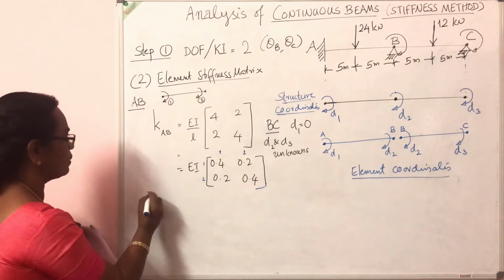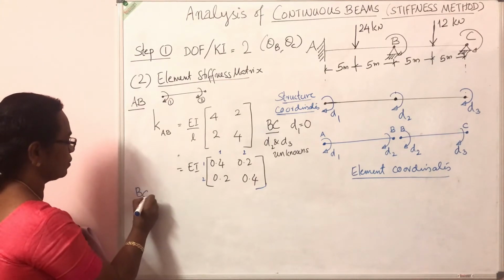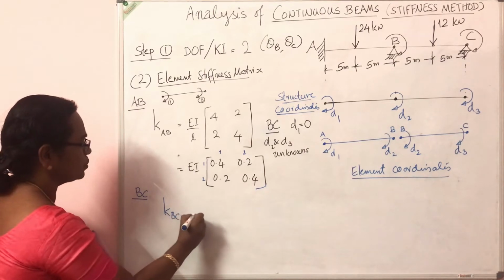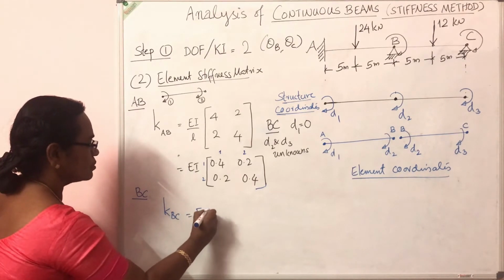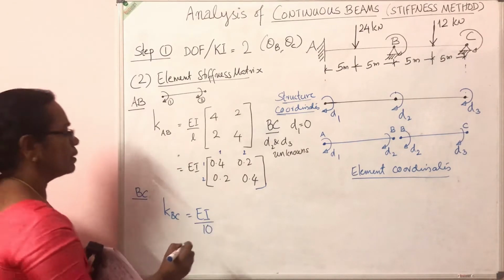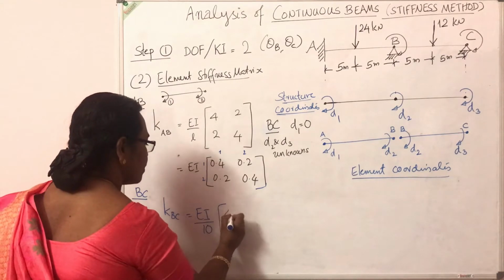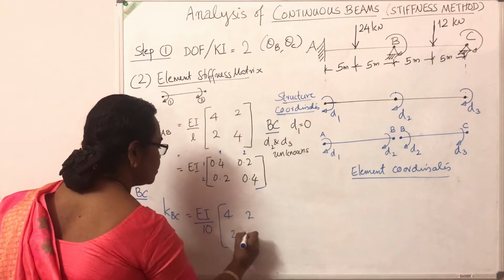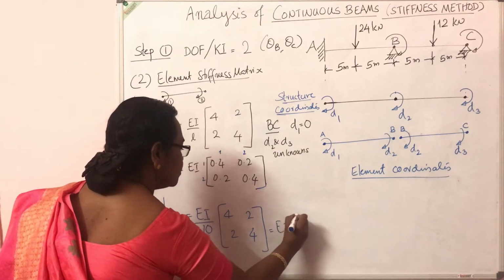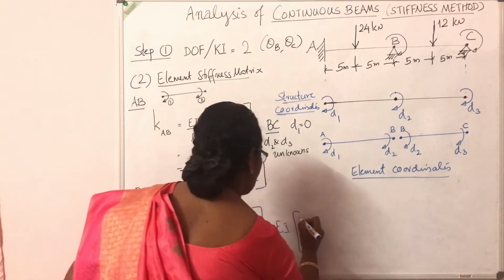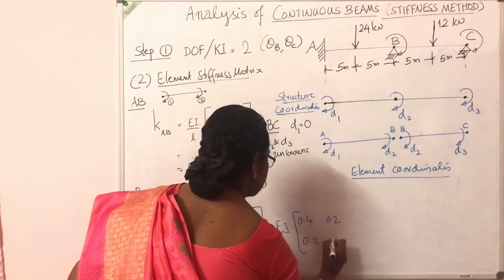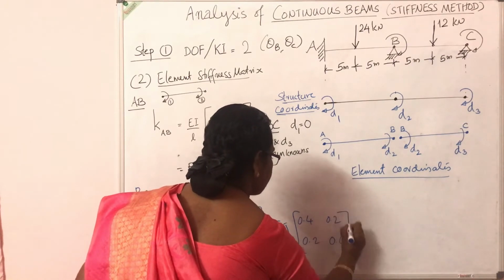Similarly for the second element BC, the stiffness matrix for element BC is equal to EI by L. Similar to the previous case, here also the length is 10. EI by L into 4, 2, 2, 4, so that is equal to EI into 0.4, 0.2, 0.2, 0.4.